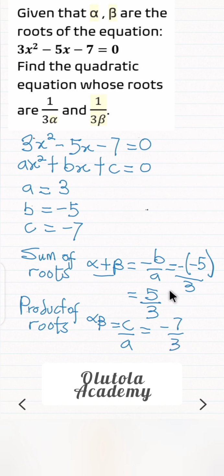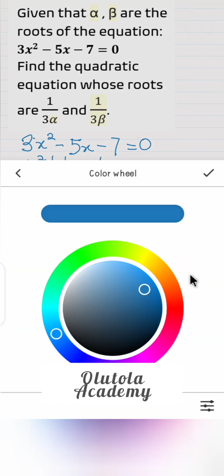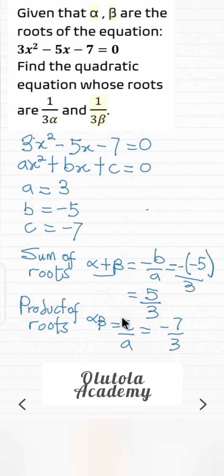So I have my alpha plus beta, the sum of roots, to be 5 over 3. I have my product of roots to be minus 7 over 3.